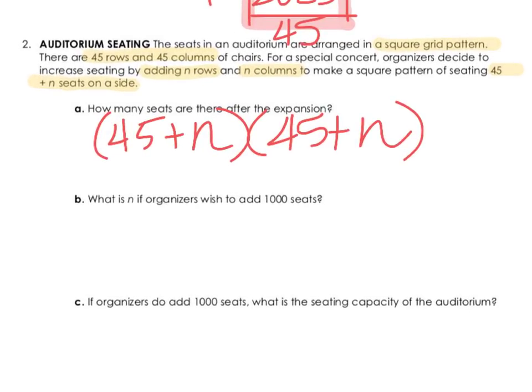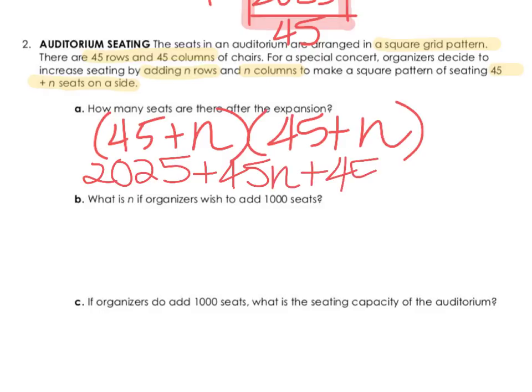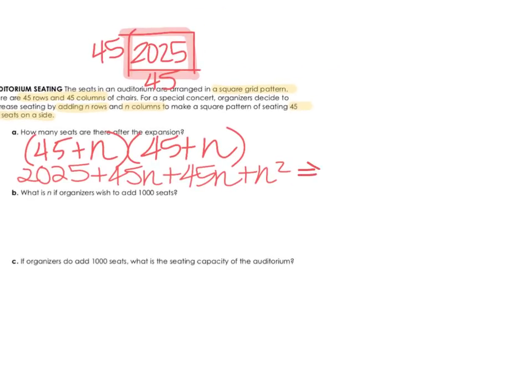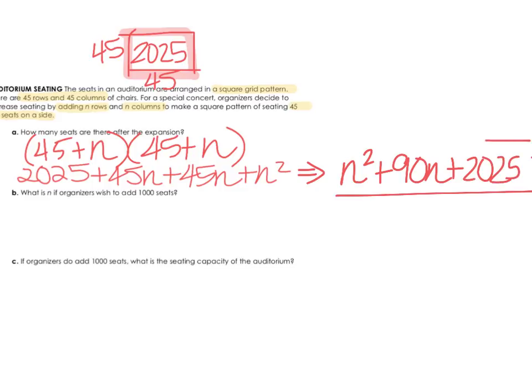We end up with 2,025 if we're foiling, plus 45n, plus 45n, plus n squared. If we simplify this and want it in ax squared plus bx plus c form, we end up with n squared plus 90n plus 2,025. And that would be how many seats there are after the expansion.